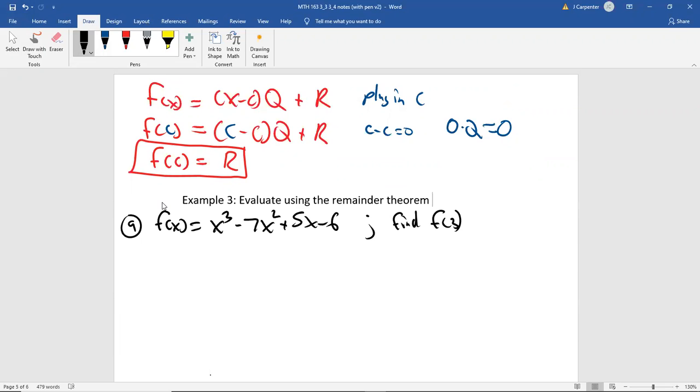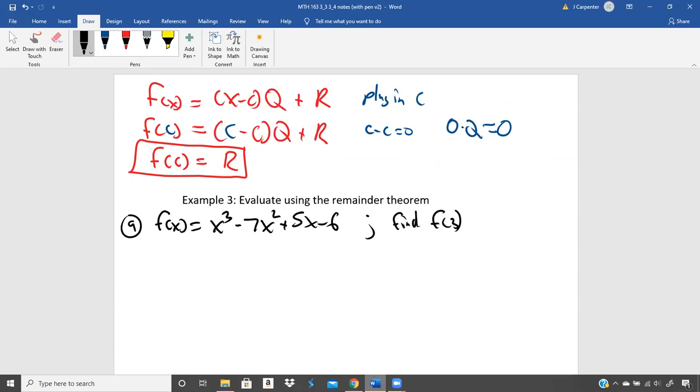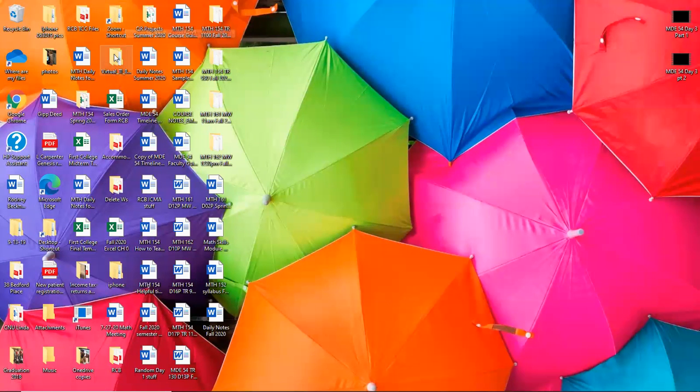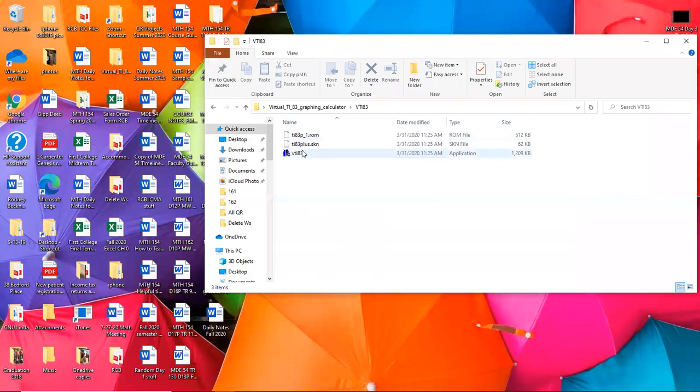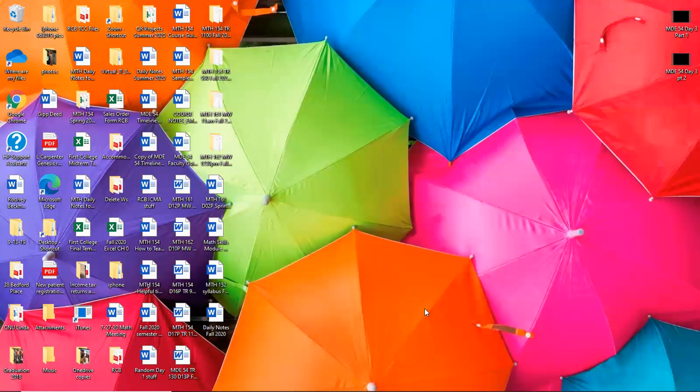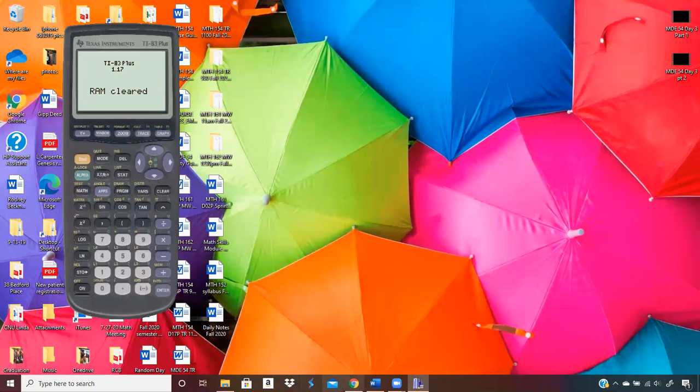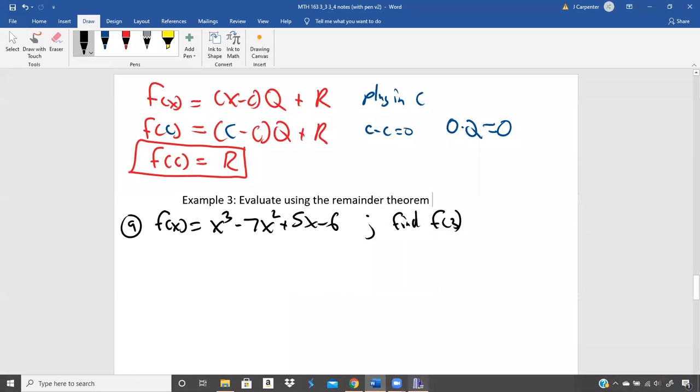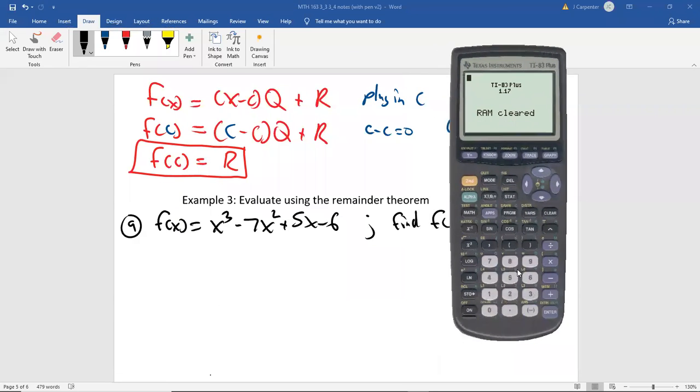So, sure, I could certainly just go, where's my calculator? That's weird. I've always had it out for a while. I must have had a system update overnight. No big deal. So I can certainly just go 3 to the third power, and I'm using a calculator for the time-saving element, minus 7 times 3 squared plus 5 times 3 minus 6.